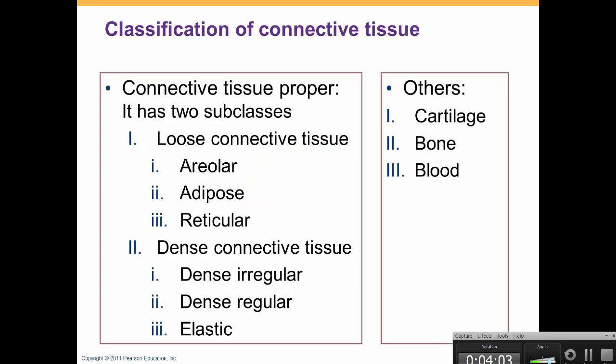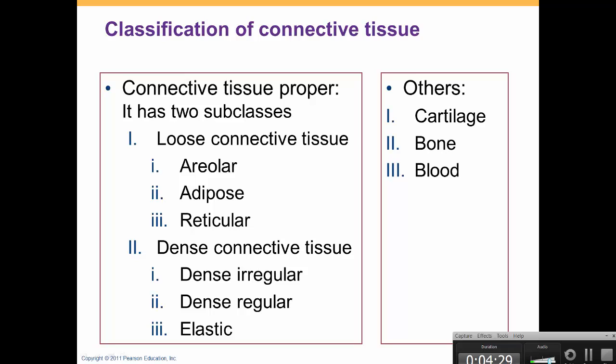So this is the classification of connective tissues. We have what's called connective tissue proper, and we have other types of connective tissue that don't have a common name. The other types are cartilage, bone, and blood. Then the connective tissue proper is classified into two subclasses: loose and dense.